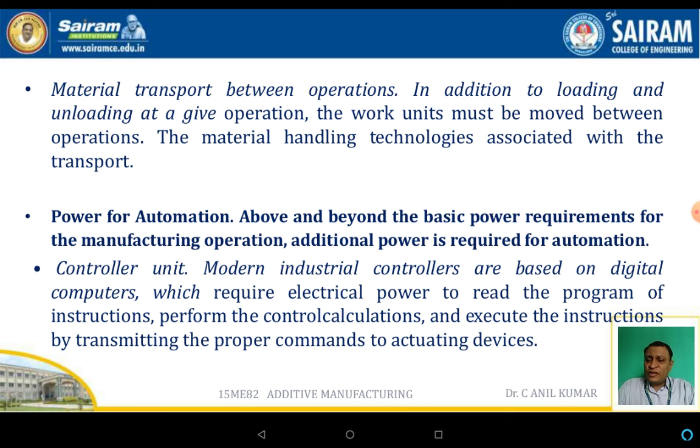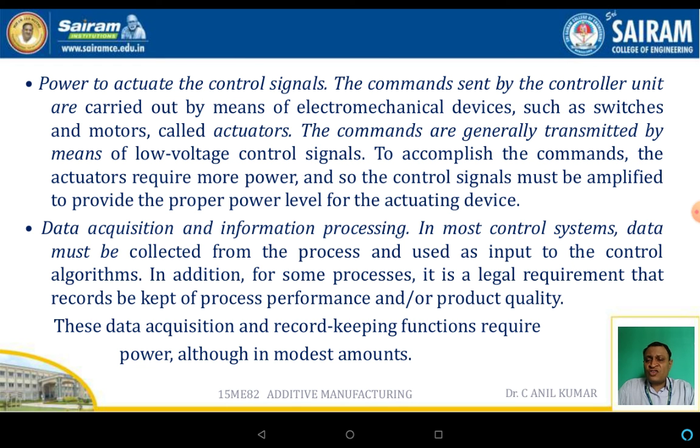The power for automation is above and beyond the basic power requirement for the manufacturing operation, and additional power is required for automation for the control units and for power to actuate the control signals, data acquisition, and as well as the information processing.